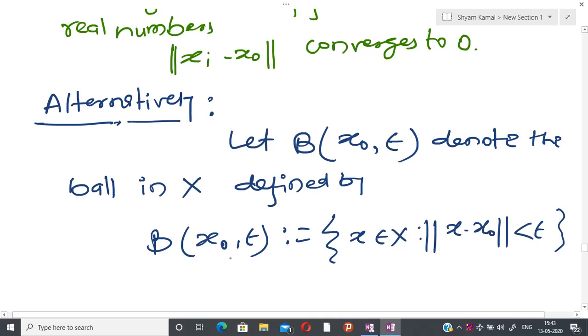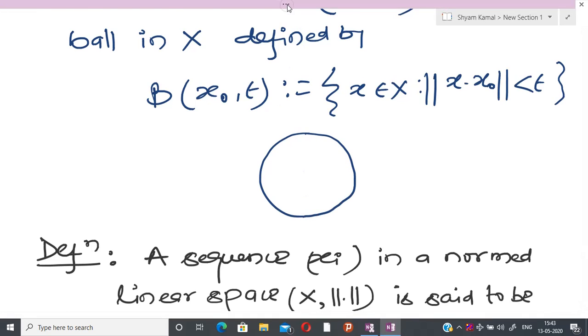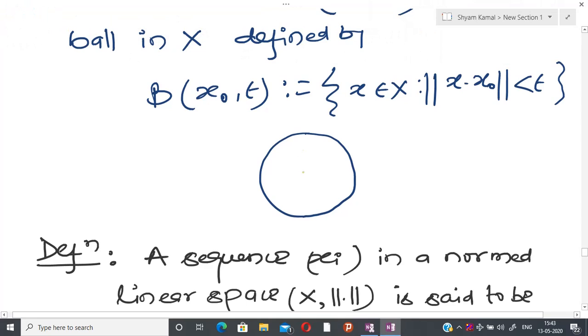So this is the definition of the ball, and after that, if some sequence is going to converge, then I have this ball and I know its radius and center. So x0 is the center and epsilon is the radius of this ball.